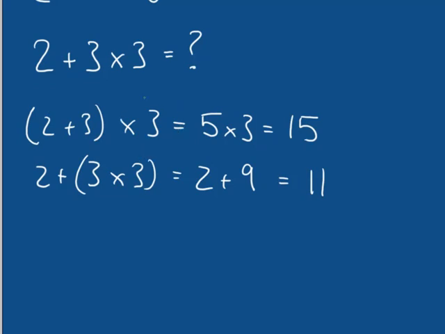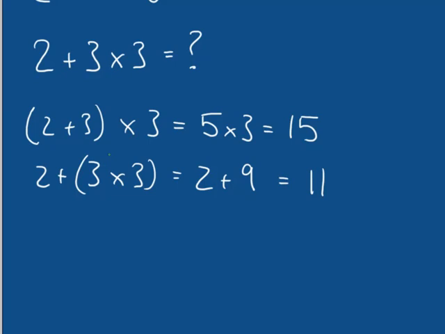Whereas in the other example, where I wanted to explicitly state that we multiply the 3 by 3 first, and then add that to 2, I used parentheses to group the 3 multiplied by 3. So parentheses are used to explicitly state which parts of an expression we're going to evaluate first, and we must evaluate those parentheses before evaluating anything outside of the parentheses. So our order of operations has parentheses as the first thing that we evaluate.